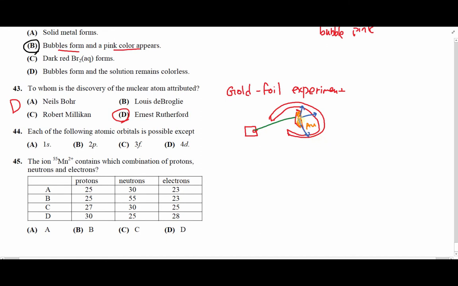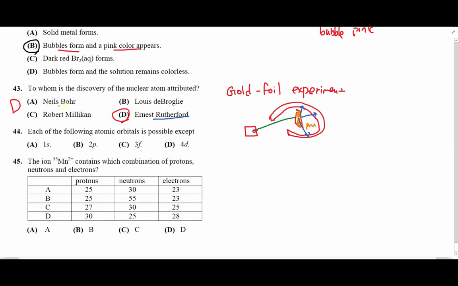Some of them even shoot back where they came from when they hit the nucleus directly. Therefore, he was able to conclude that in the atom there's a very heavy, dense nucleus present, and that the atom is mostly empty space. So the answer is D.